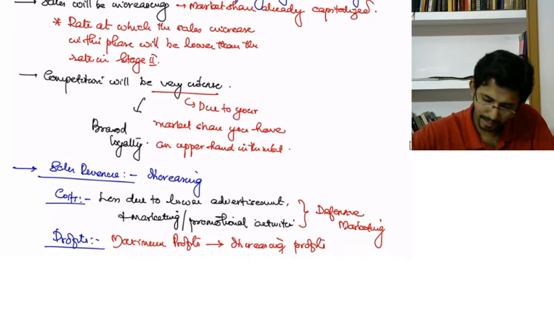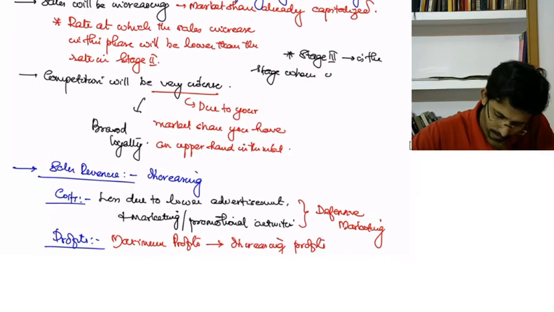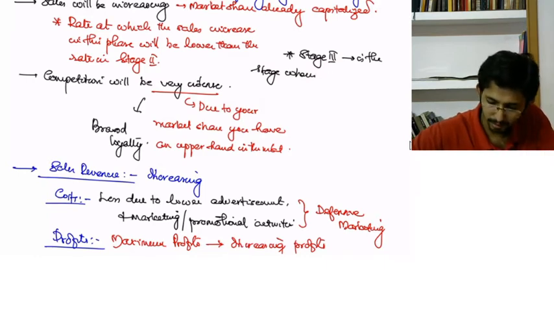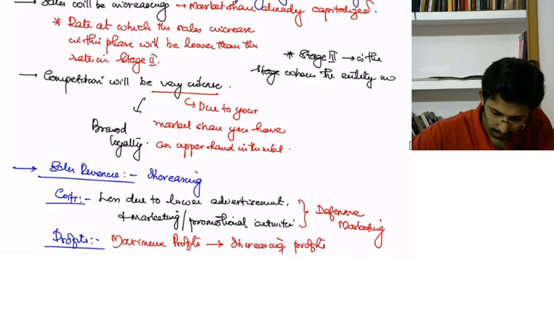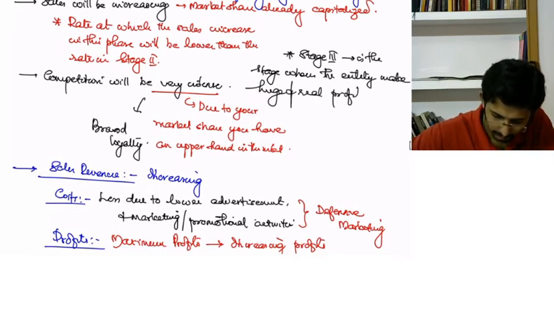So you can say that stage 3 is the stage where the entity makes huge and real profits.